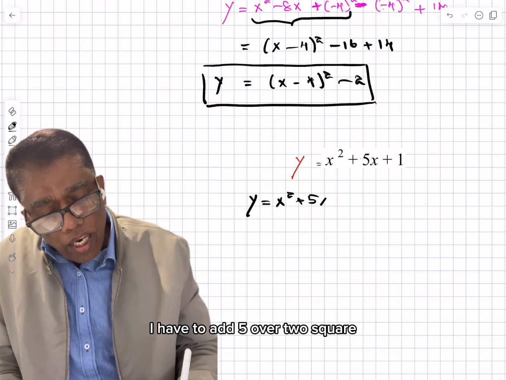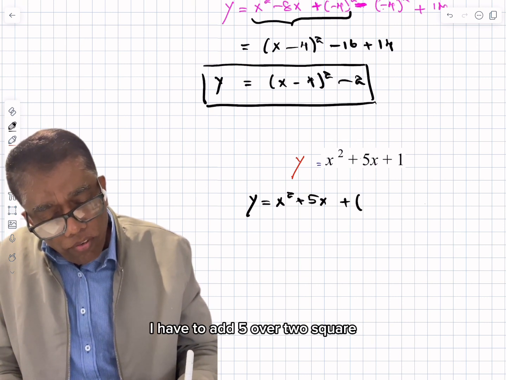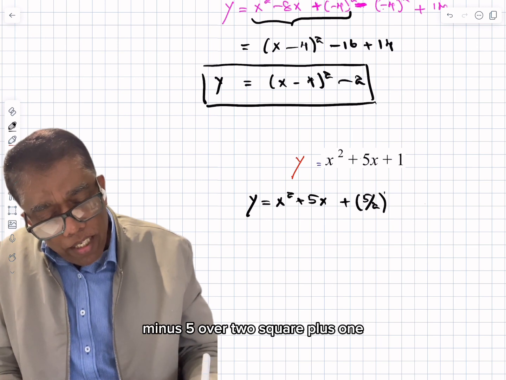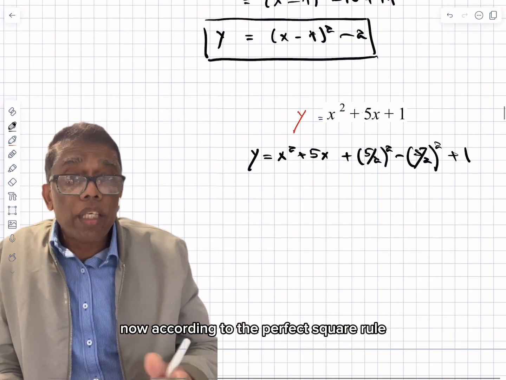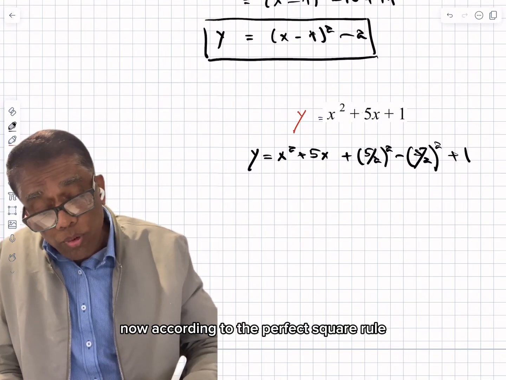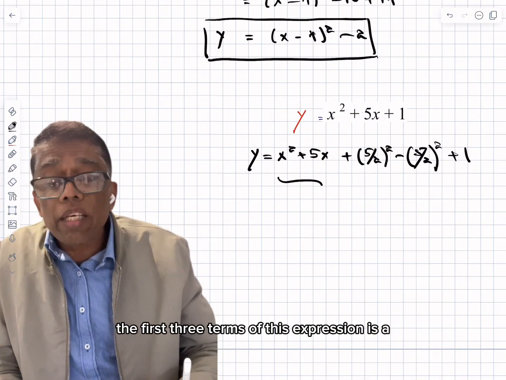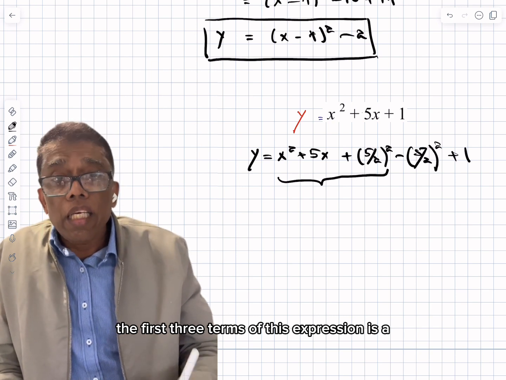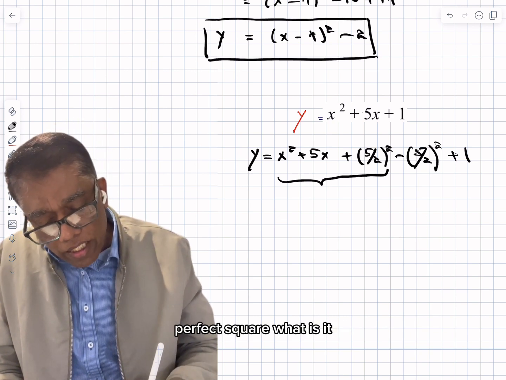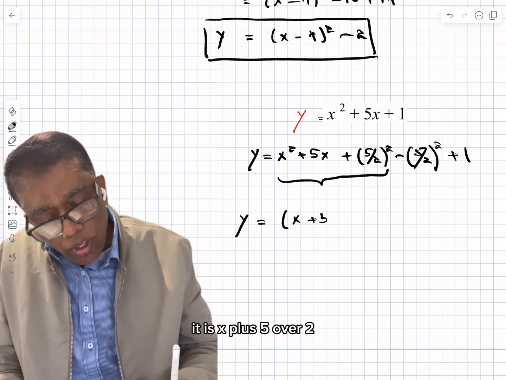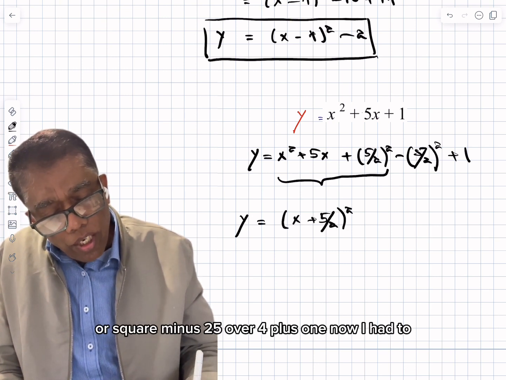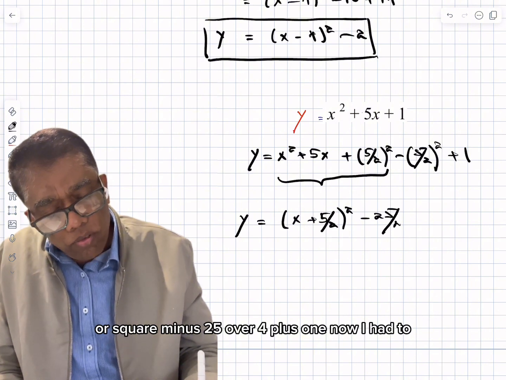I have to add (5 over 2) square minus (5 over 2) square plus 1. Now, according to the perfect square rule, the first three terms of this expression form a perfect square. What is it? It is (x plus 5 over 2) whole square minus 25 over 4 plus 1.